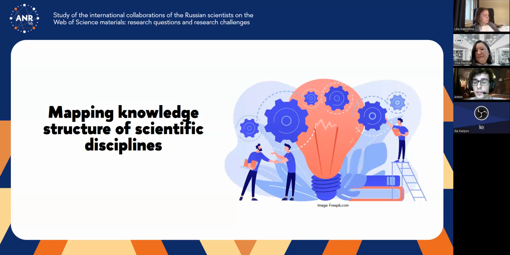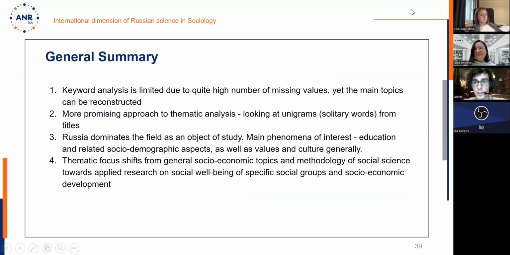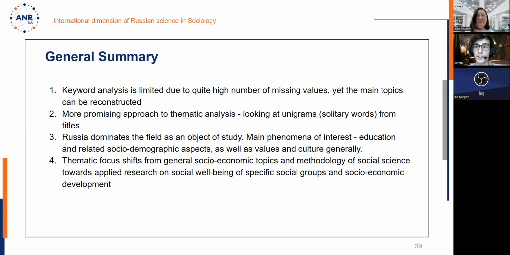So the next slide, please. The next slide. Yeah. So in general, what we have discovered so far in regard to mapping the intellectual or conceptual map of Russian sociology is that keyword analysis is quite limited. As Irina said in the beginning, the keywords for approximately half of the sample, or general population, you could say, are missing.